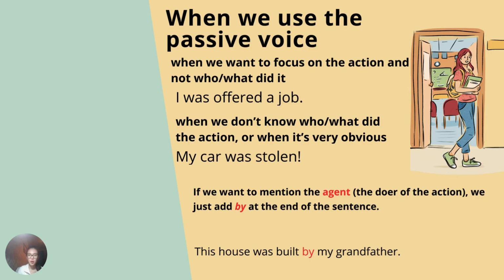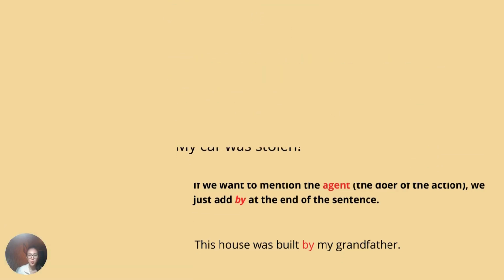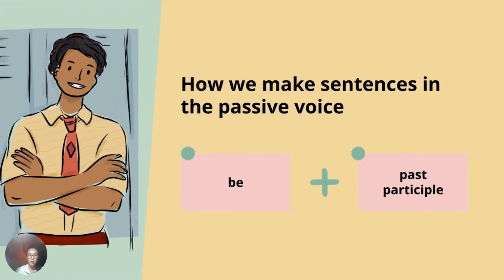And how is it formed? By combining a form of to be with the past participle of the main verb. If we have a regular verb, we just add ed.